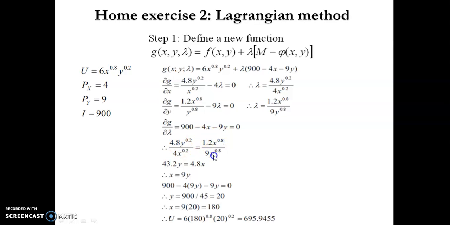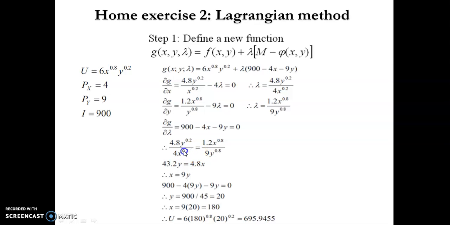So now you can solve. And if I multiply that, I'm going to get 4.8 times 9. The exponents would end up being added. So that would just give me y to the power of 1. And 4.8 times 9 is 43.2, and here I'm going to have 4 times 1.2, and that's going to give me 9.